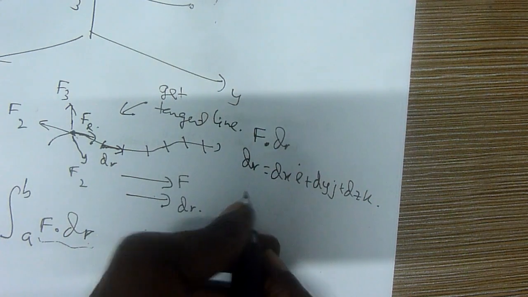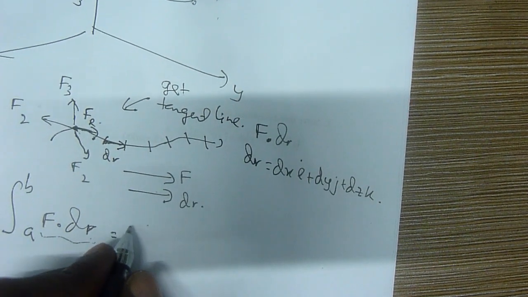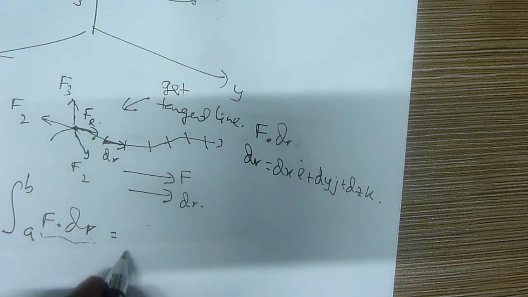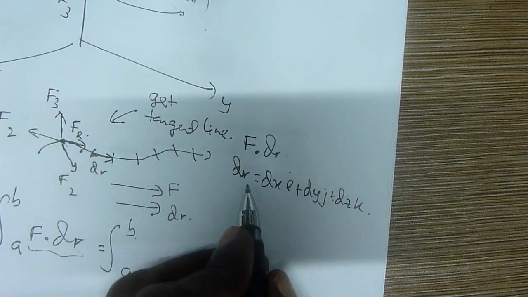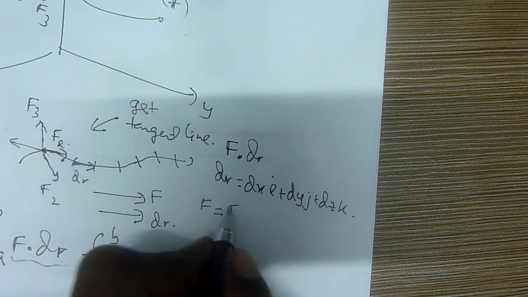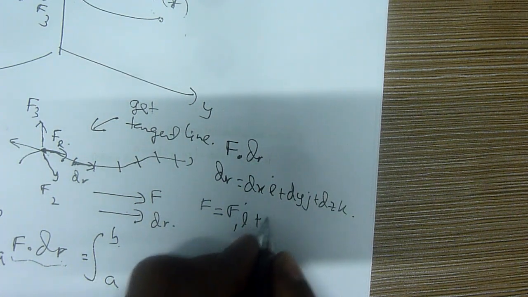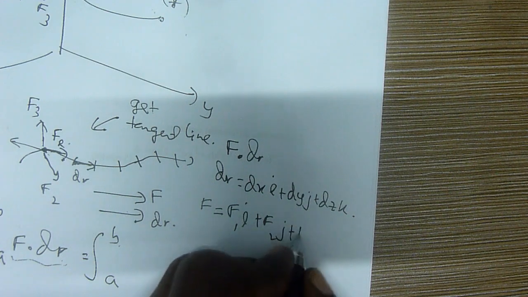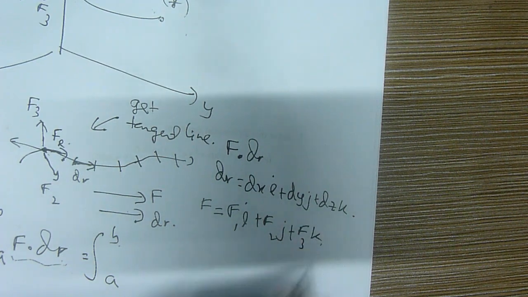I'll try to write this equation for you so you can see it. This will produce the integral from A to B of F dot dr, right? F is basically F1 i plus F2 j plus F3 k.